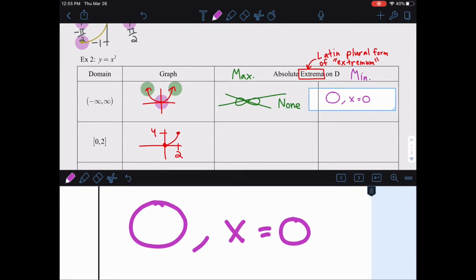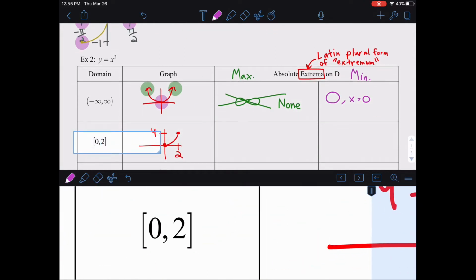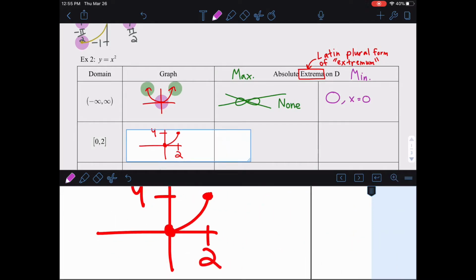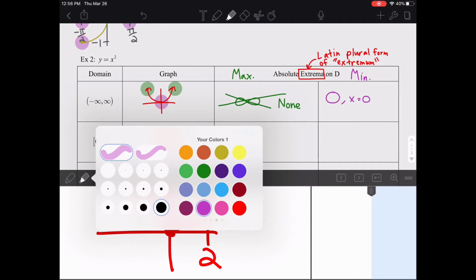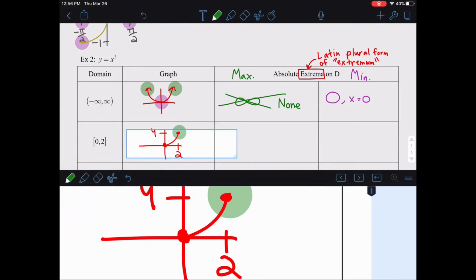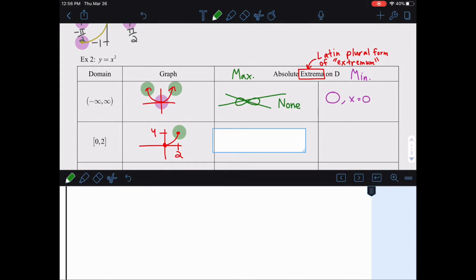Okay, let's change up the domain. Let's go bracket 0 to 2. So we're looking at a tiny piece of this parabola. Same questions. What is the absolute maximum value? If I'm looking at this parabola from bracket 0 to bracket 2, the maximum is going to occur when x is equal to 2, and that maximum value is 2 squared, which is 4.